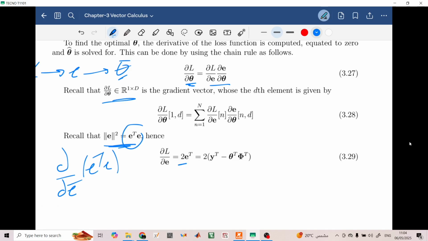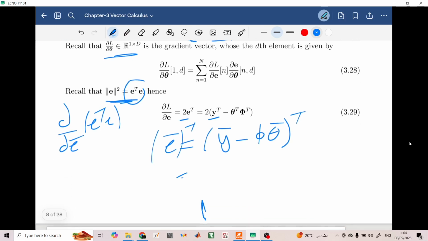Now, what's the value of e? We said that e equals the error: y vector minus phi matrix times theta vector. When you take the transpose, you get y transpose and then this. So this equals y transpose minus (phi theta) transpose.